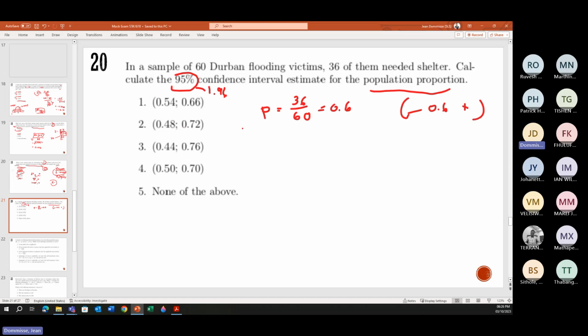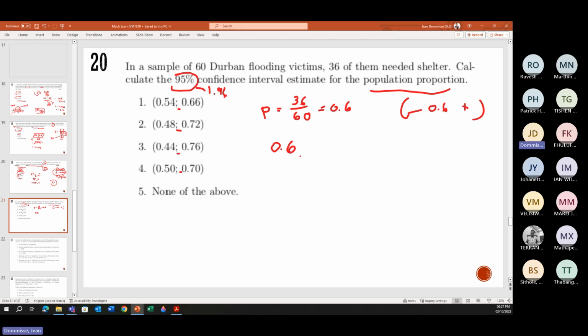So let's check. 0.6 can be in the middle here, it can be an option. 0.6 can be in the middle here, also an option. 0.6 again. Okay, so by just looking at that, unfortunately I could not cancel out any of the options yet. So we need to work out the whole thing.